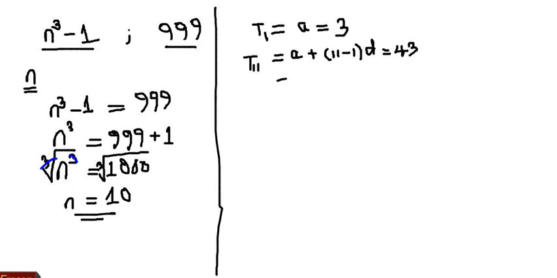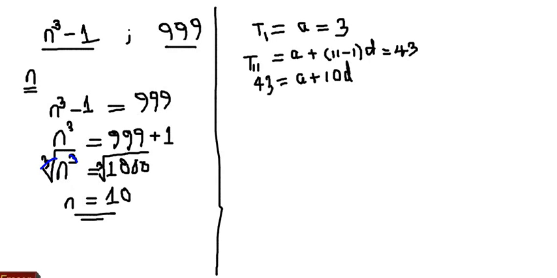So in short, we have a plus 10d. This is the formula for the 11th term, a plus 10d. So a plus 10d is equal to 43 according to the information we have been given.